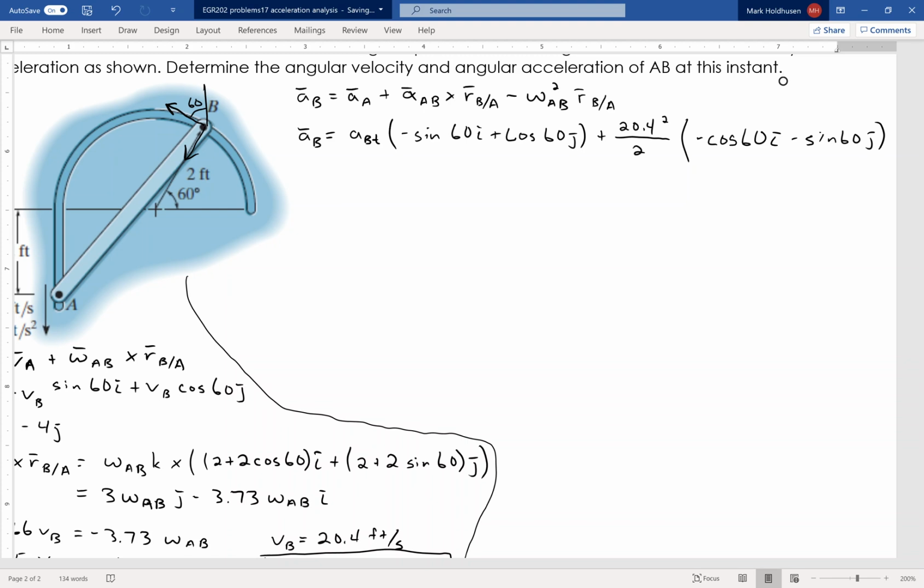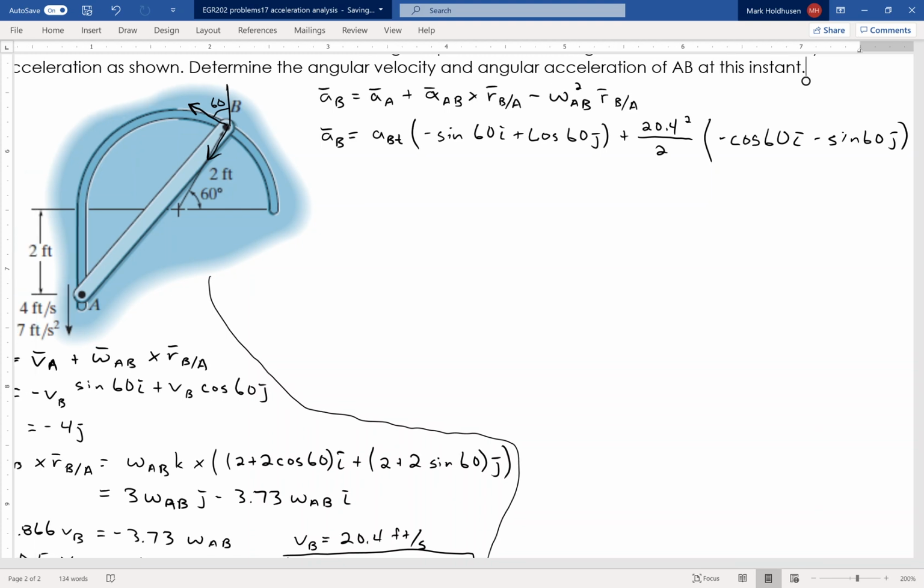Now the acceleration of A, and again, I know the acceleration of A is downward at 7 feet per second squared, so the acceleration of A is simply negative 7j. Now I have alpha_AB, which I don't know, which is what I'm looking for. What I do know is it's in the k direction, positive or negative, so I'll say alpha_AB k.